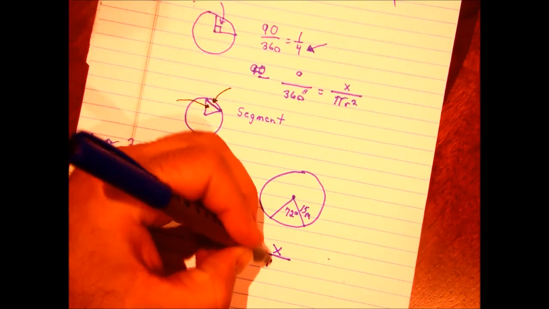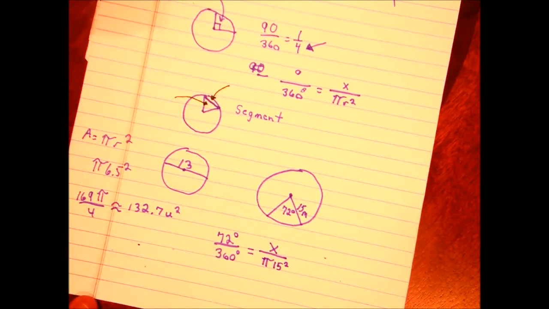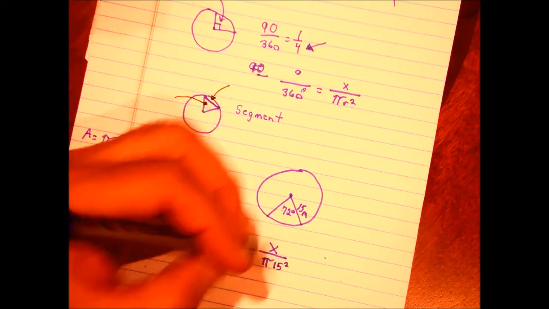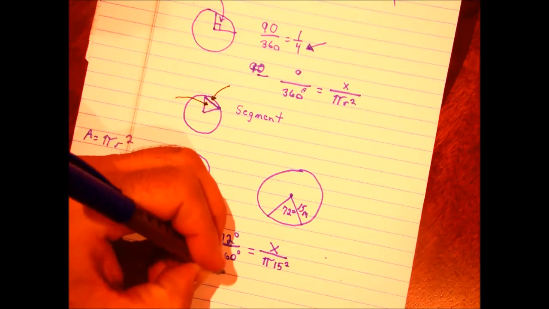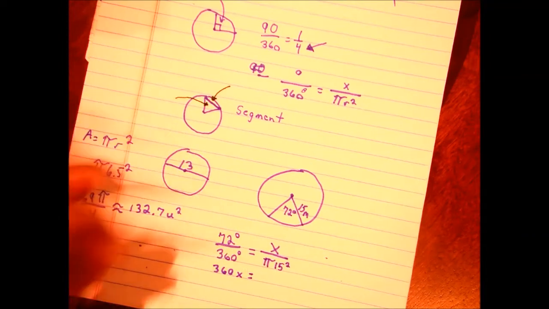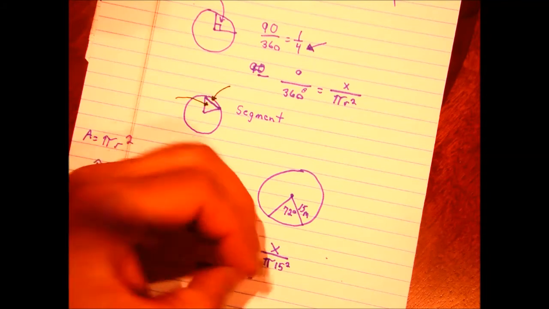And then the whole circle is pi r squared, and in this case it'd be pi times 15 squared. Hopefully you understand that when we cross multiply, you get 360x equals 72 times 15 squared pi, which is 16,200 pi.